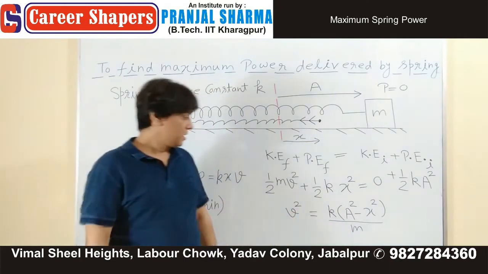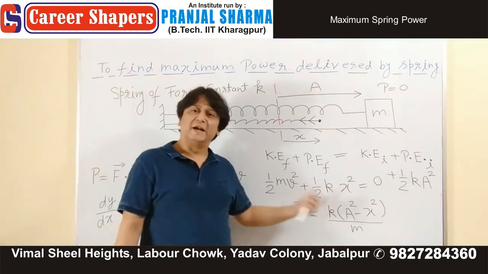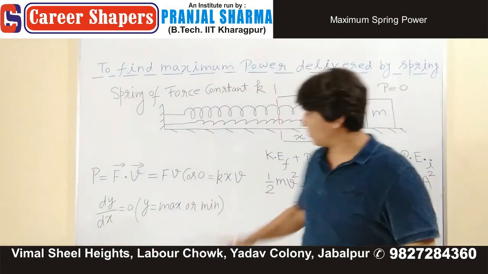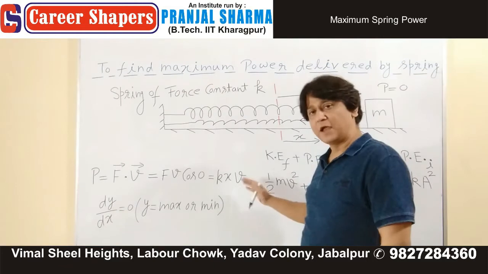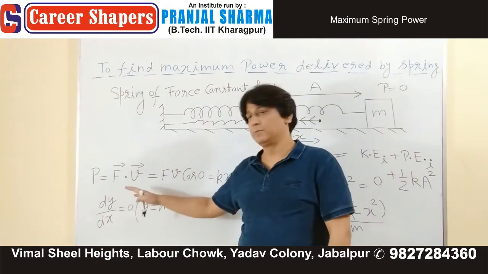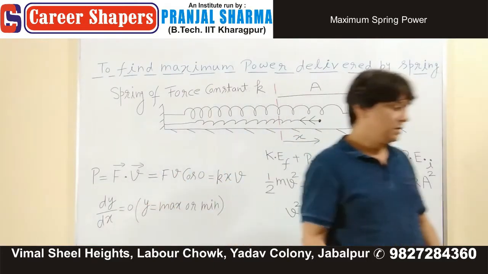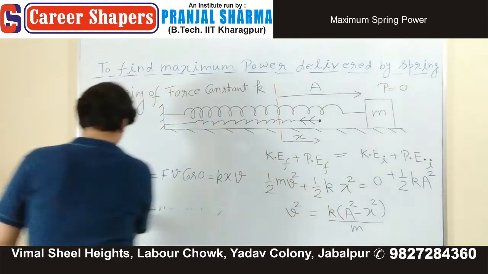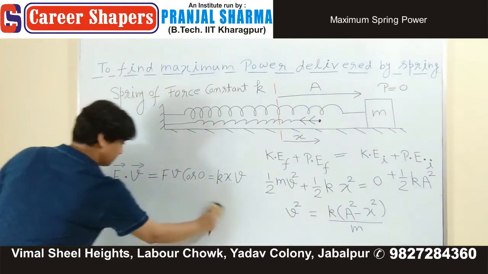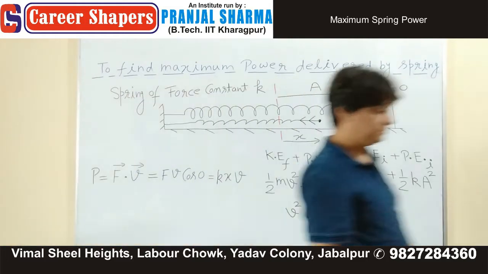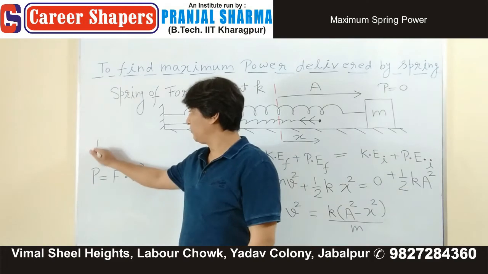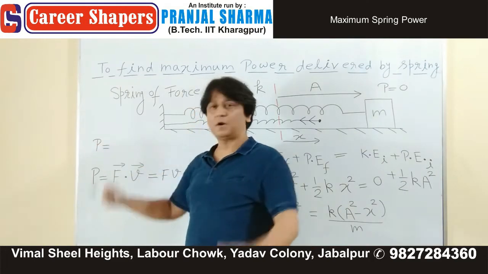Now, the normal tendency will be to take the square root and then put this value over here and then go for differentiation. But that will increase the difficulty level a bit, and we are not interested in that. Why? Look here. First, let me tell you the kind of difficulty you will face. Not a big thing.